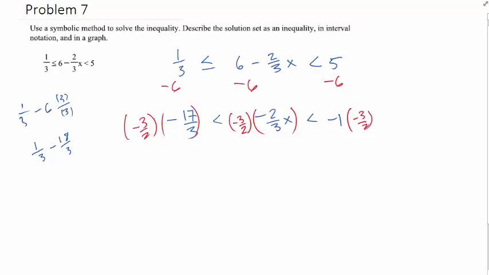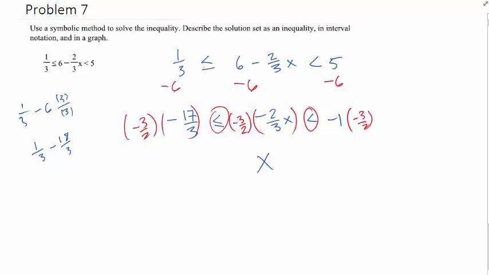But there's one more thing to be careful of here, and that is whenever we multiply or divide by a negative, we have to change the signs. So let's see how this is going to work out. The middle, which is where x is located, will now become an x, because we have a negative, negative, a positive, and 2/3 and 3/2 is equal to 1, so that's x.